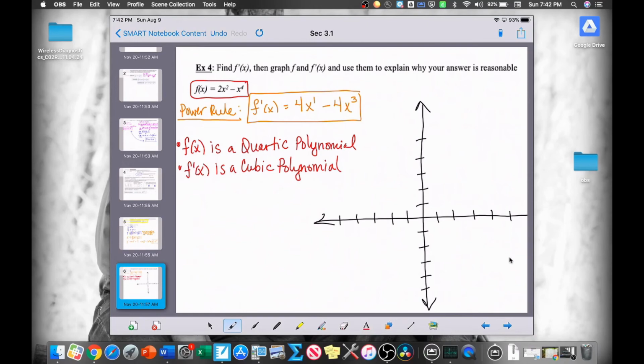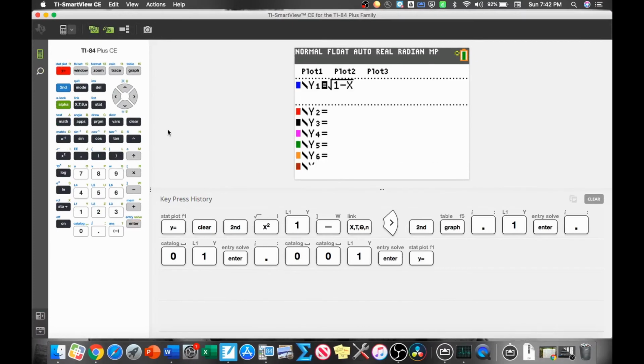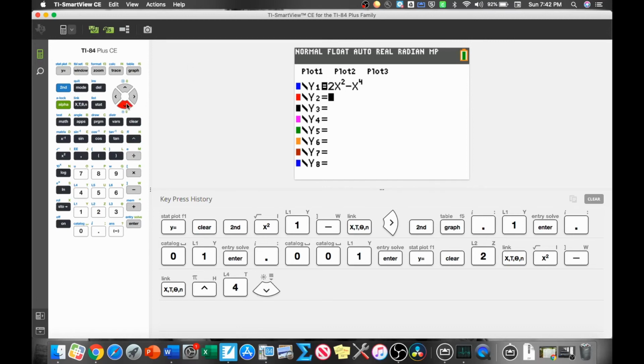So grab your graphing calculators, everybody, and let's go to y equals. If you've got anything in there, clear it out. And we are going to put in f of x first, which is 2x squared minus x to the fourth. And then our second function is our derivative, which is going to be 4x minus 4x cubed.